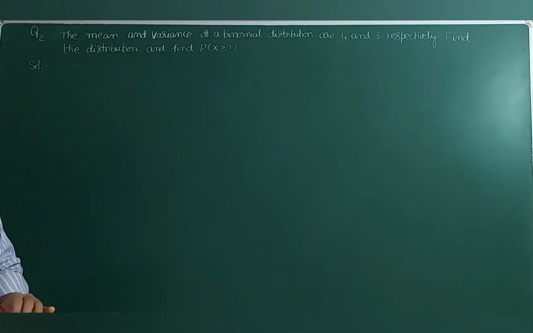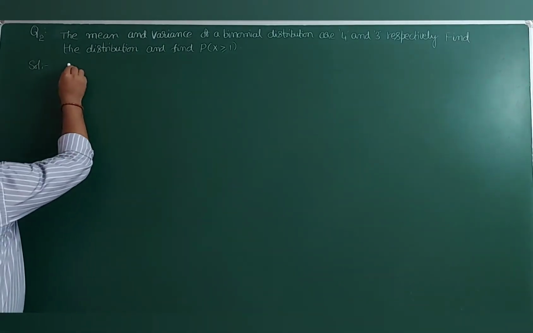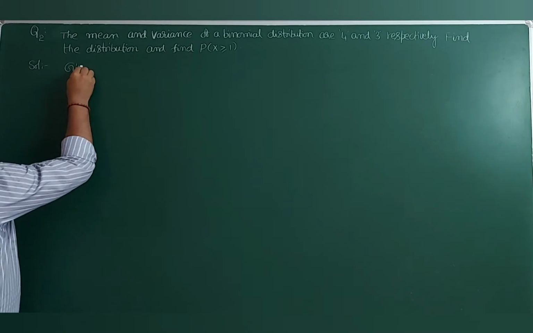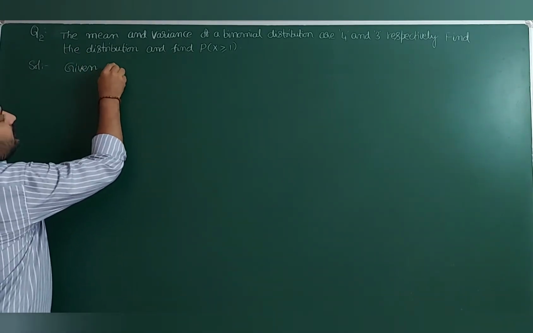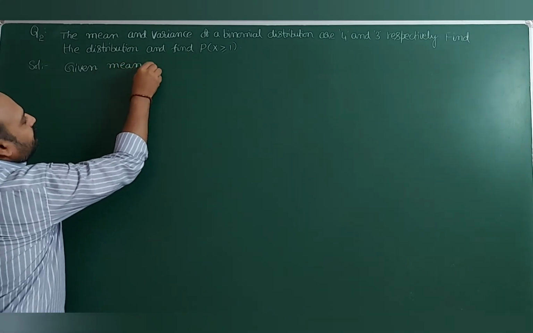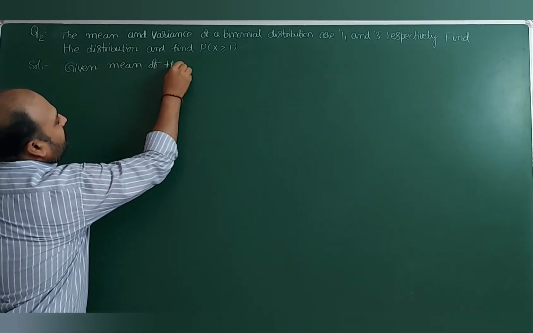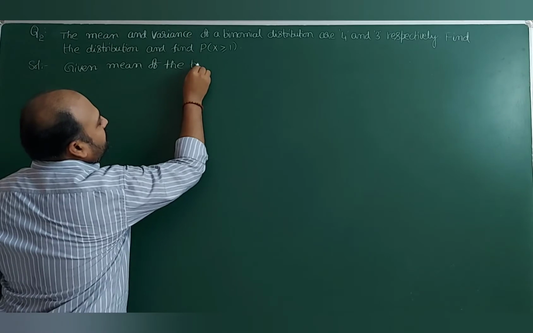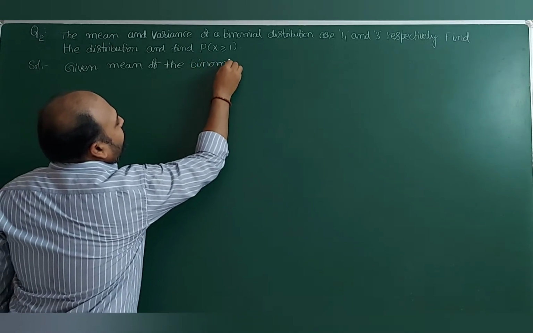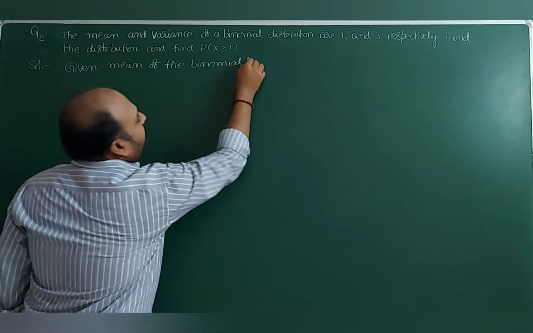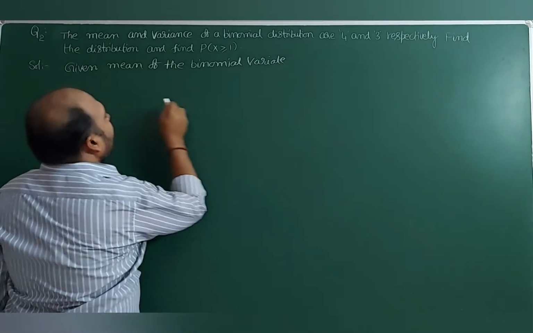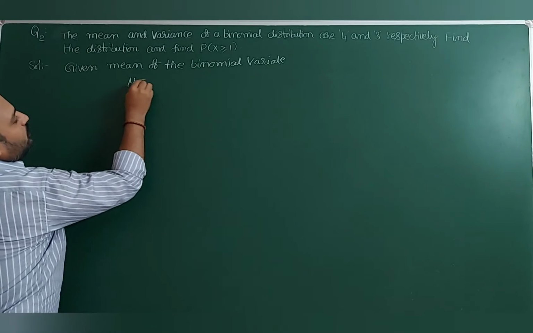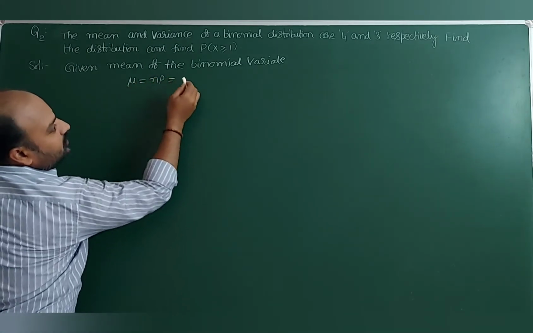Like the previous problem, given mean of the binomial distribution, otherwise binomial variate, mu equal to np, that is equal to how much? 4.